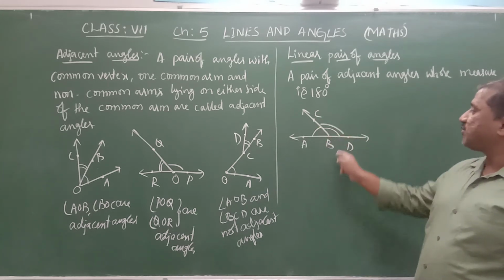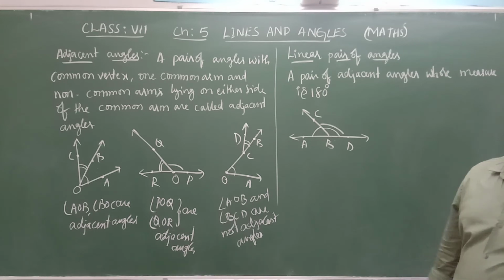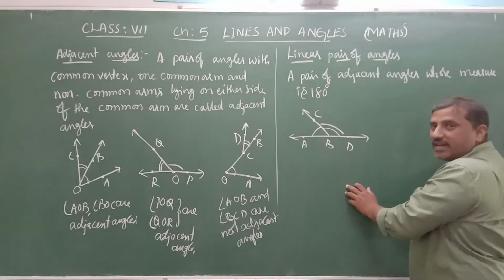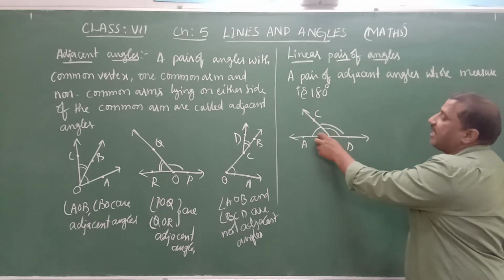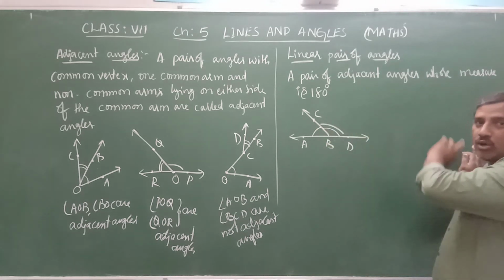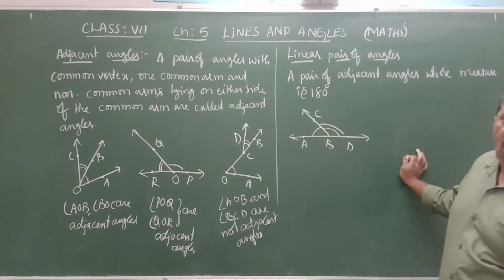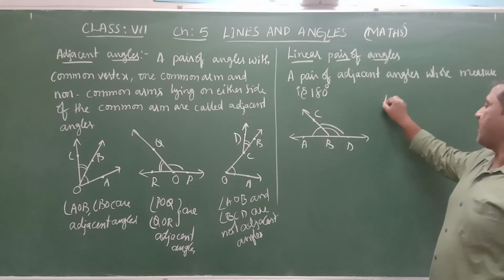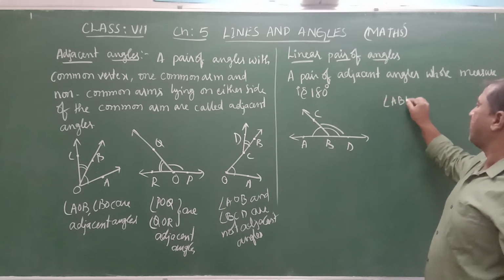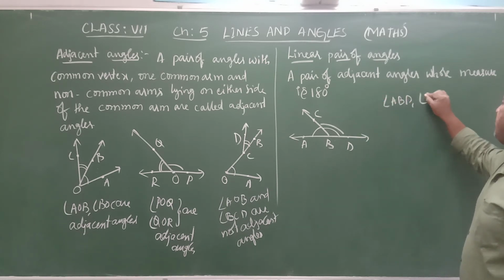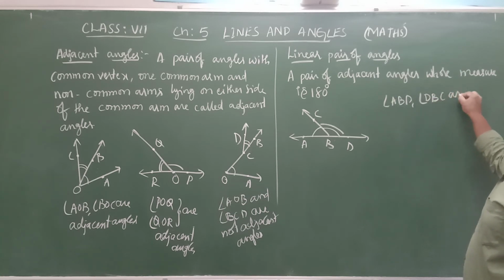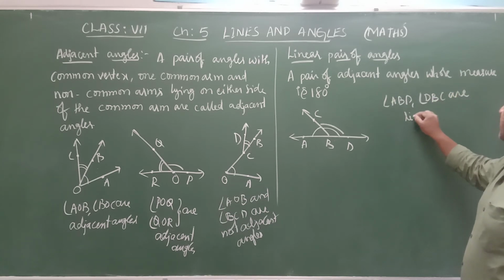But the sum of these two angles is how much? 180 degrees. How do we know? Because they are lying on the same line. The total angle on a straight line is 180 degrees. Here angle ABD and angle DBC are a linear pair of angles.